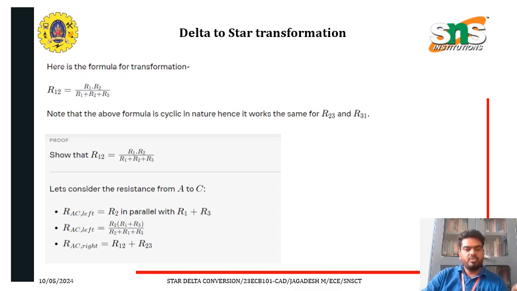The proof shows the following. Let us consider the resistance from A to C, that is RAC. On the left, it is R2 in parallel with R1 plus R3, so RAC left is R2 into R1 plus R3 by R2 plus R1 plus R3. RAC on the right is R12 plus R23.